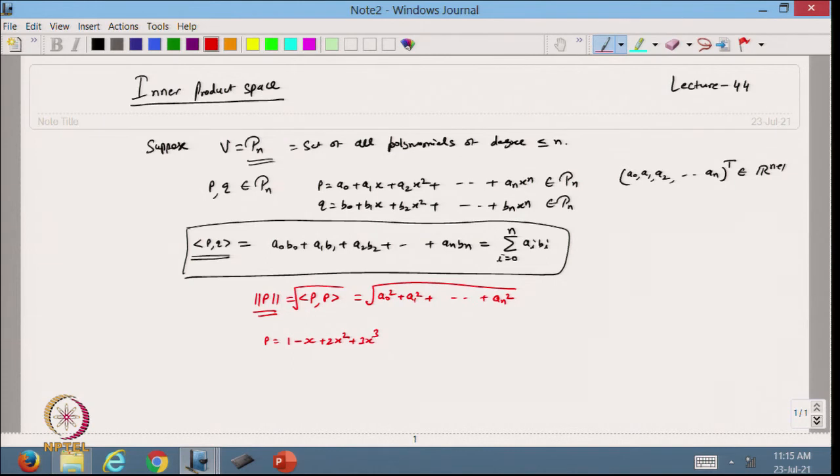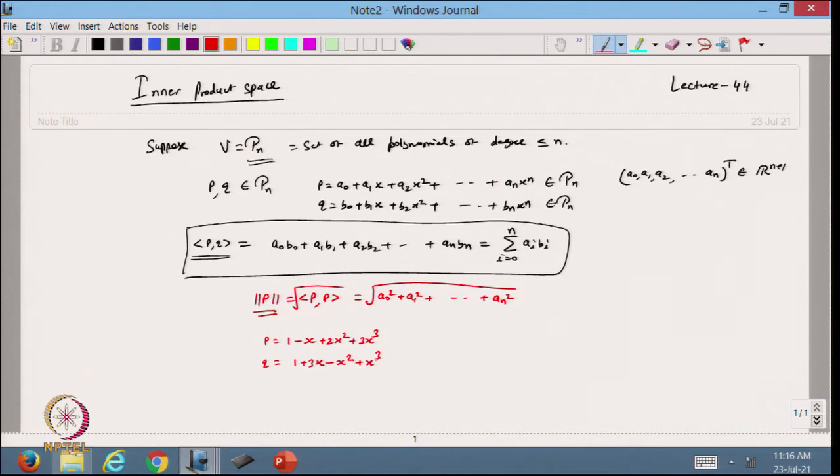I take another polynomial q as minus 1 plus 3x minus x square plus x cube.